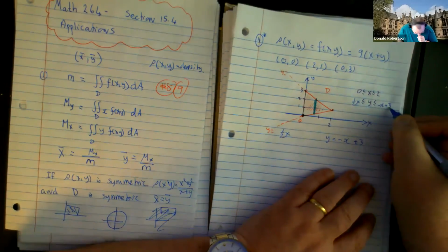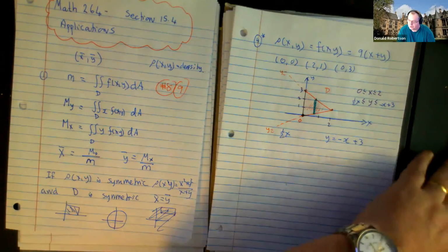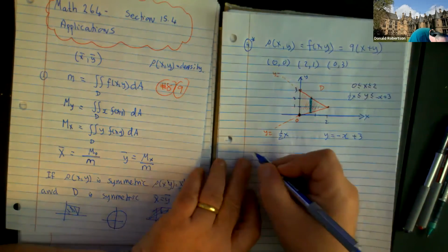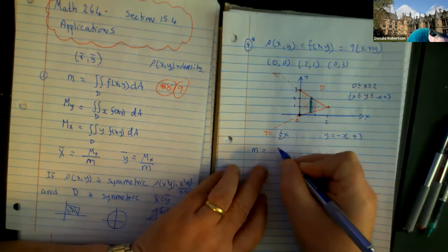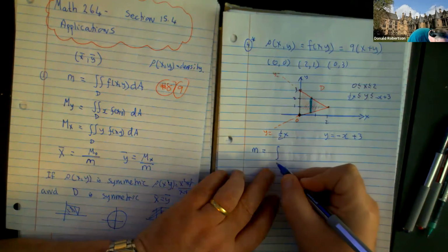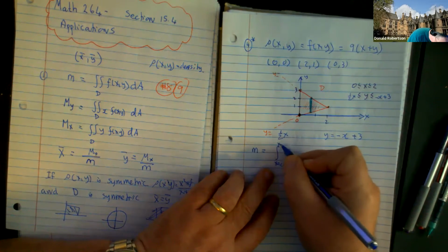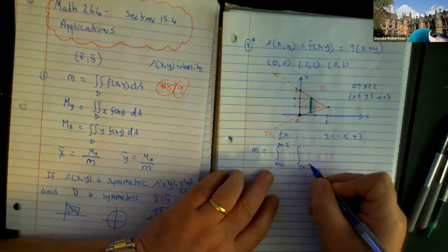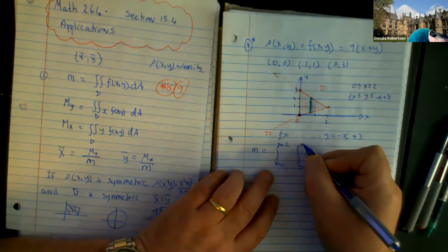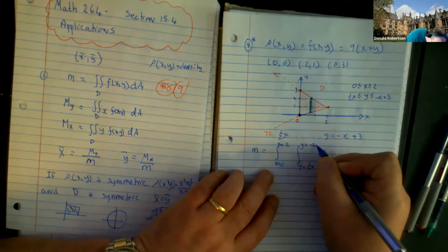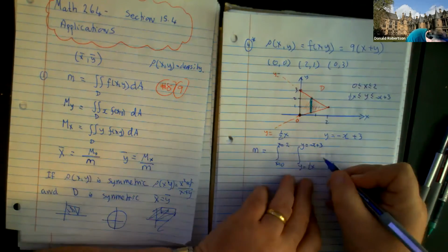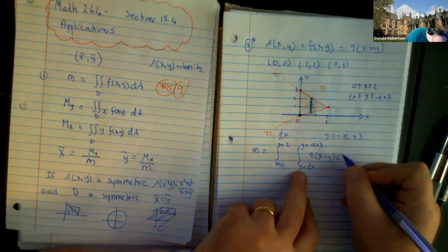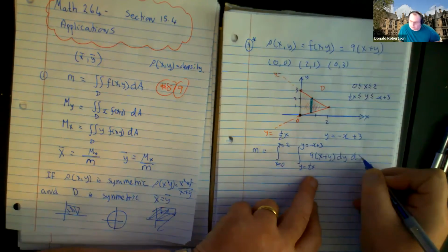So even before we started the question, didn't we have some work to do? We had to figure out the limits of integration. So now we're going to do the mass, which is going to be the integral from x equals 0 to x equals 2, from y equals 1/2 x to y equals negative x plus 3, a density function of 9 lots of x plus y, and I'm doing a dy here with the dx.